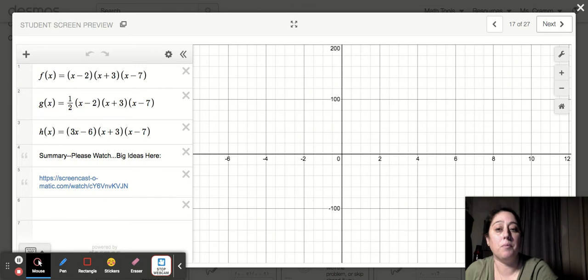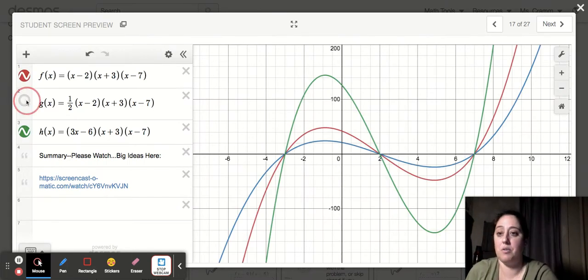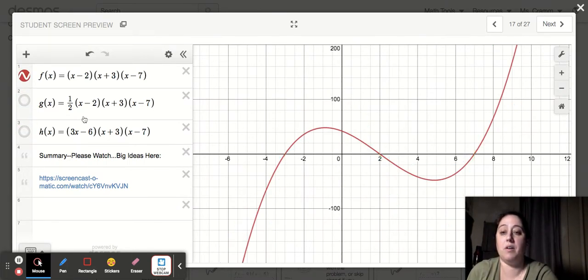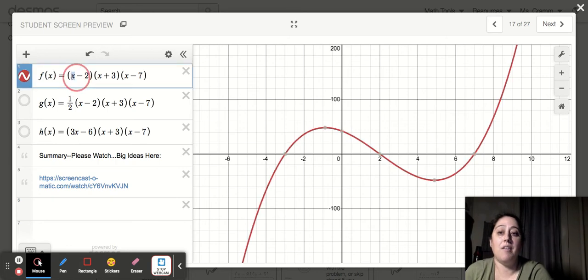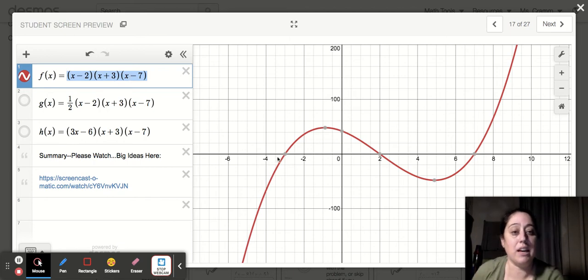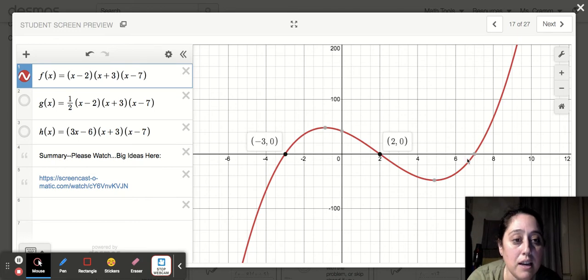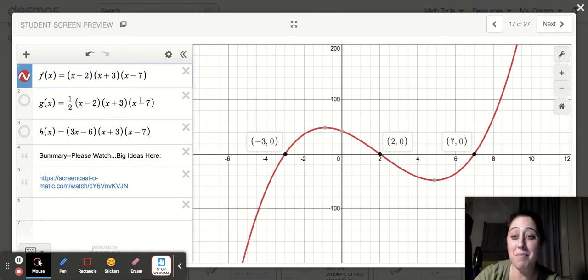All right, so let's actually ignore these. Okay, so these have the factors that we were talking about, right? So at 2, negative 3, and 7. And I see right here, I've got 2, negative 3, and 7. All right, so again, because those same factors are in all 3 of them, right?